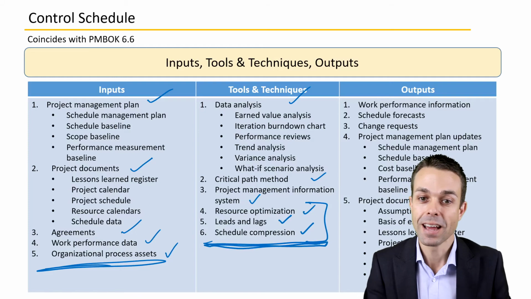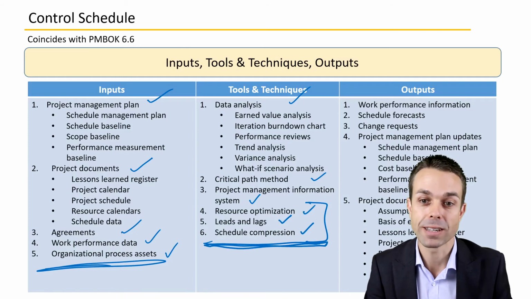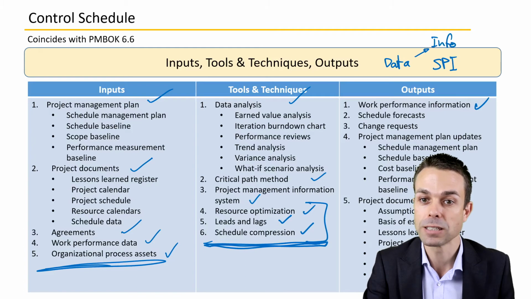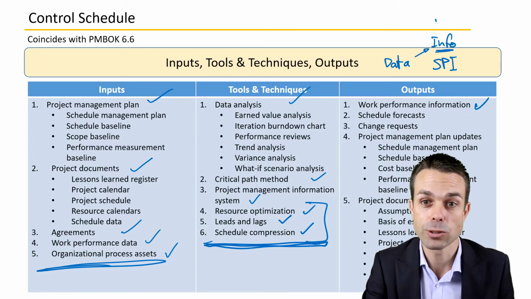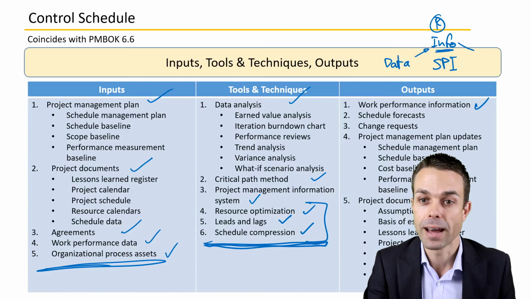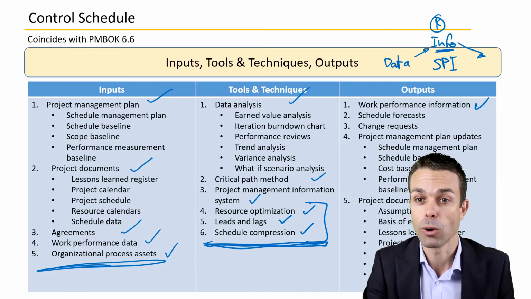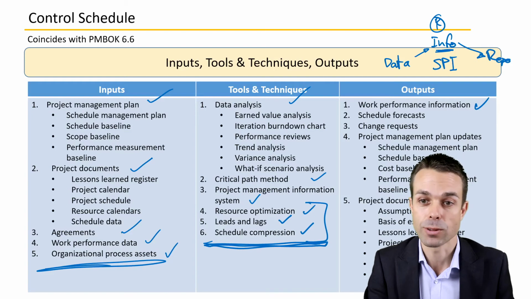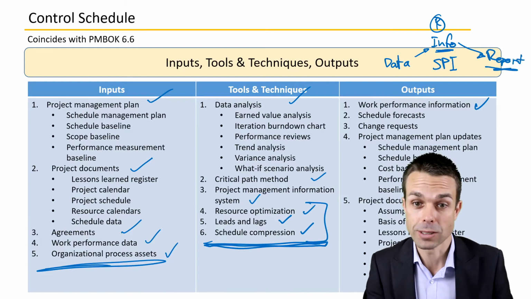Outputs that we'll see are the work performance information. So this might be our schedule performance index. It's that we've got the work performance data, remember, gets turned into work performance information, so percentages or ratios. And that turns into work performance reports, where we make them into nice charts and that sort of thing, ready for reporting to executives.